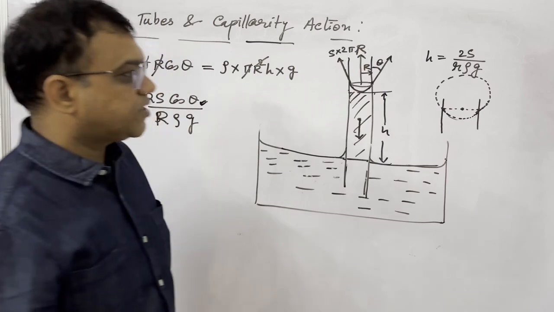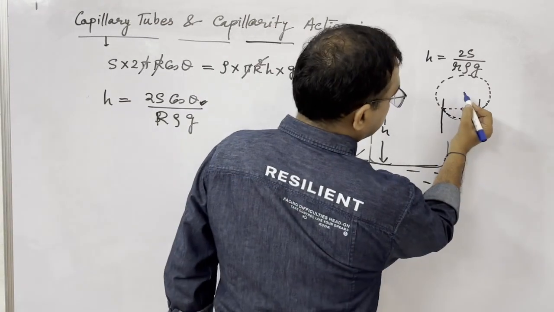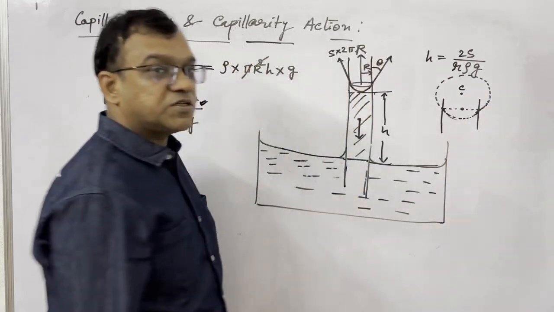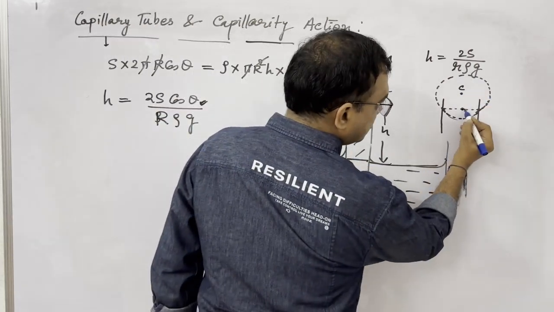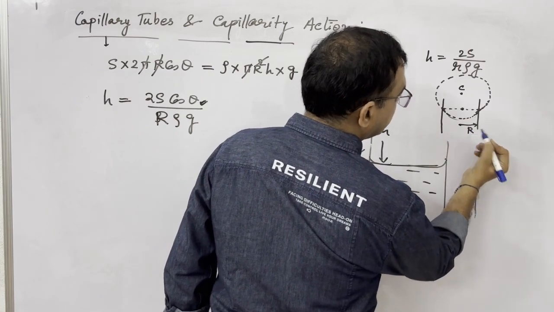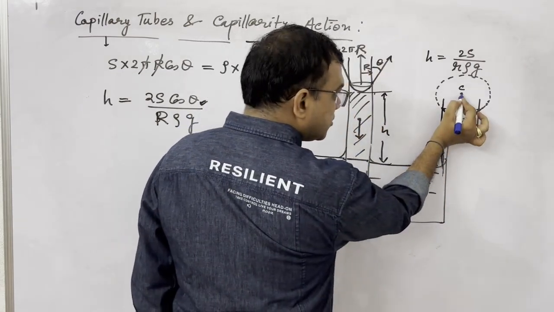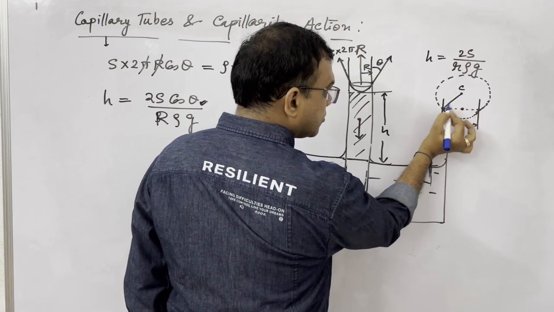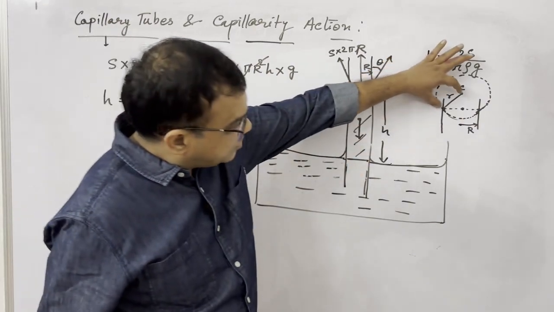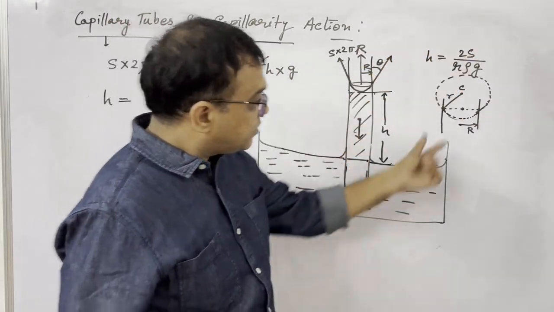This way meniscus comes. Center of the meniscus is here. This distance is capital R, radius of the tube. This is the radius of meniscus. Radius of meniscus. Radius of tube.